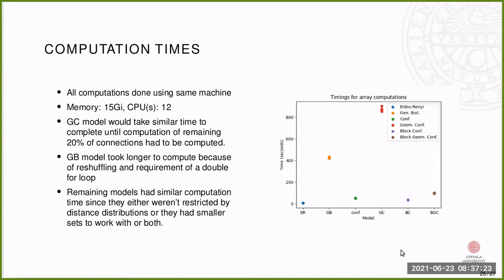And the general biological model took some time as well, since for each submatrix we had to compute pairwise distances and then do some shuffling of the connections in a double for loop. So this computation became very expensive.